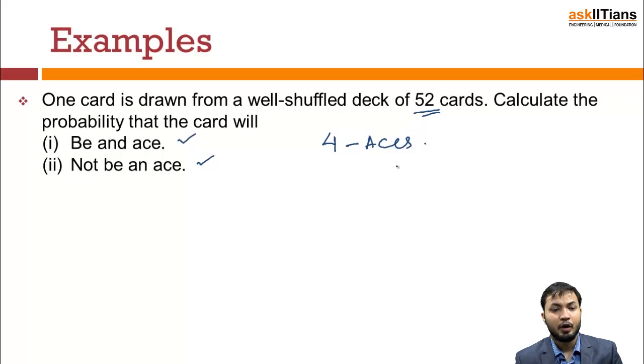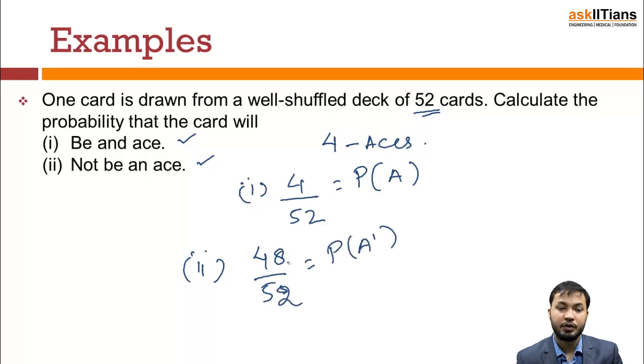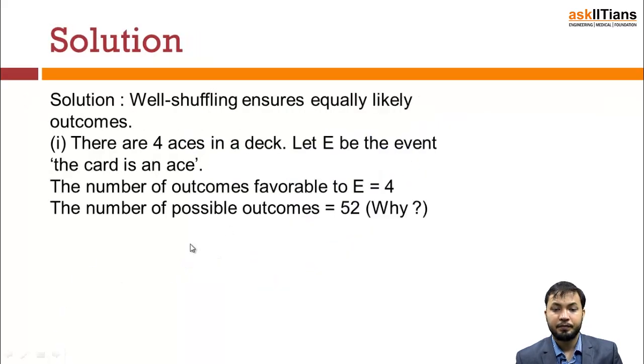So to get an ace, it has to be 4 out of 52. The probability of getting an ace is 4 by 52, and not getting an ace is 48 by 52, defined as E and E not. So these are the probabilities for these 2 cases.